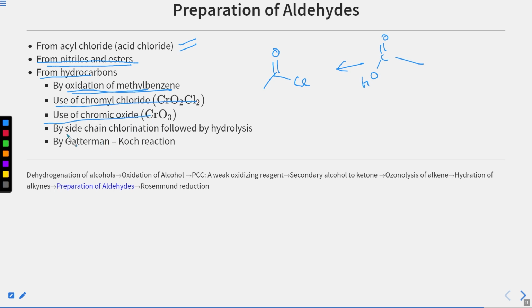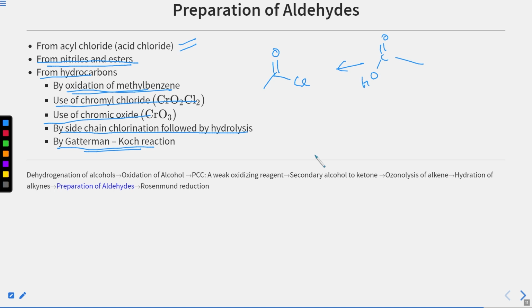Otherwise, we can also use side chain chlorination followed by hydrolysis, which would give you aldehyde. Then there is the Gattermann-Koch reaction. We can use each of these reactions to get our aldehyde. Clear? Some of these are for benzaldehyde, where benzene is attached to your aldehyde, and some for aliphatic aldehydes, but all are specific reactions performed under specific conditions. Okay, clear? Now let us move to the first reaction, that is Rosenmund.